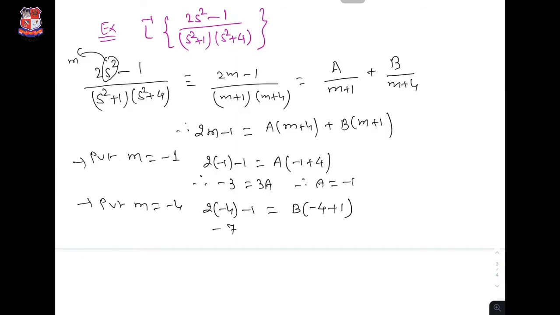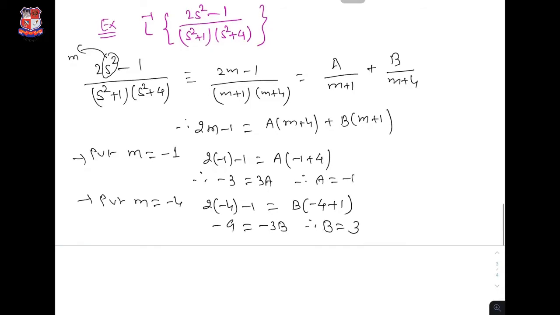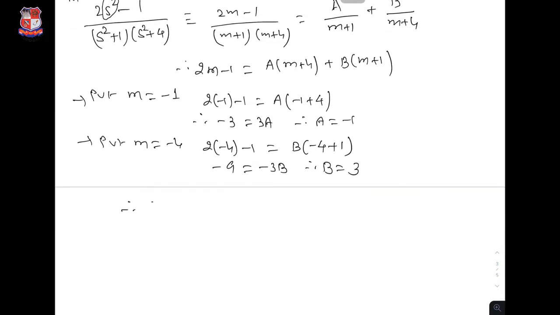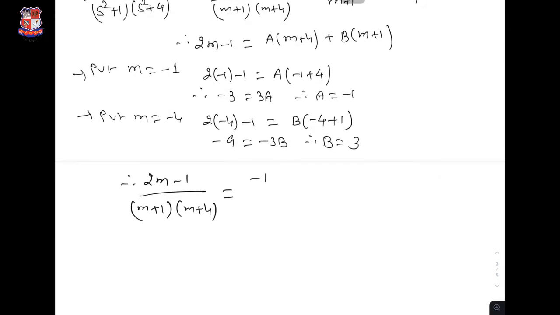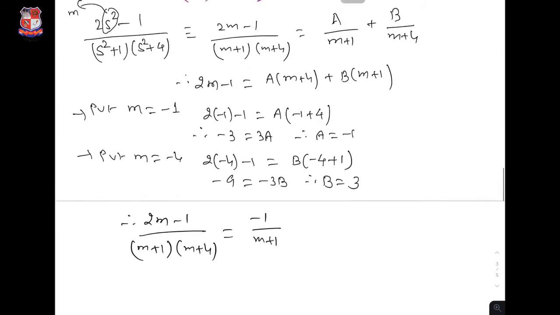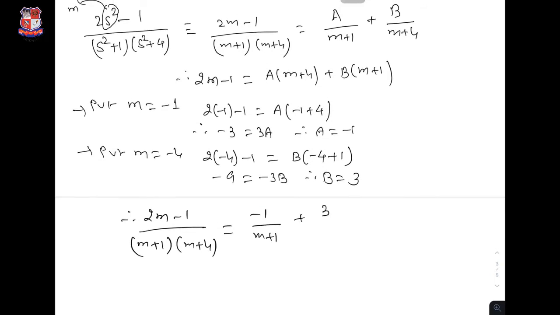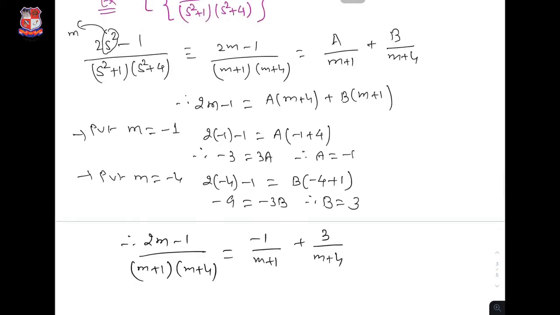This is −8 − 1, so −9 equals −3b, and therefore b equals 3. Therefore (2m − 1) over (m + 1)(m + 4) equals a over (m + 1) plus b over (m + 4), so −1 over (m + 1) plus 3 over (m + 4), and now m is s².